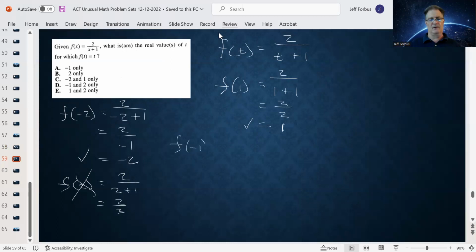F of -1 is going to be equal to 2 divided by -1 plus 1. That's going to give us a 0 in the denominator. That won't work because it's undefined. So we've tested 1, -1, 2, and -2. The only ones out of this that's going to work is 1 and -2. And that's answer choice C.